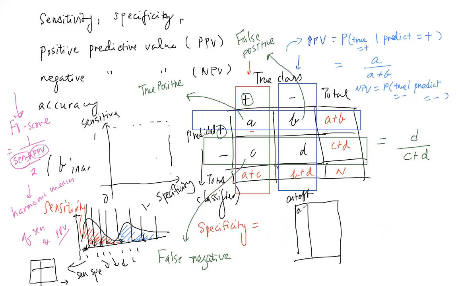Start with 0.01, 0.02, whatever, until 0.99. And then here you will have your sensitivity and specificity, right? So you can make the table like this, and then you can plot this graph, okay?